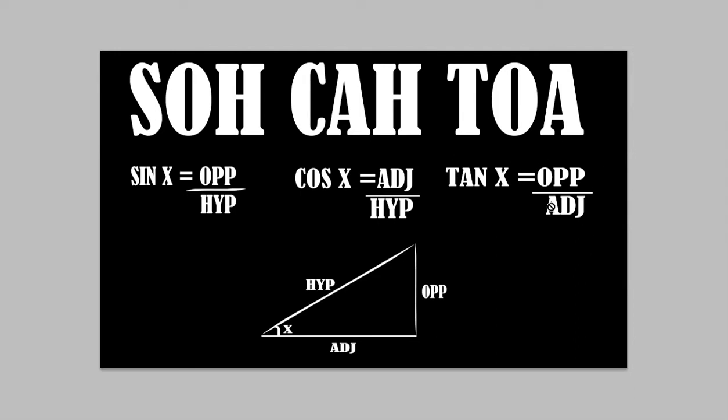So when you're finding x, it means that x is equal to tan inverse of the opposite over the adjacent. Let's try to do this. Let me see if it's going to work.